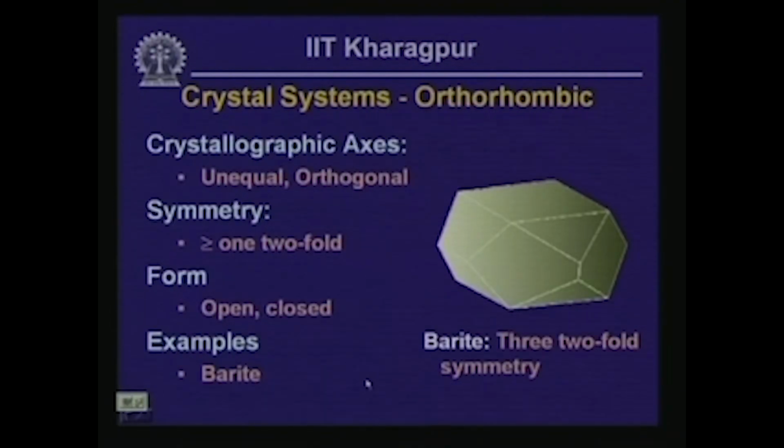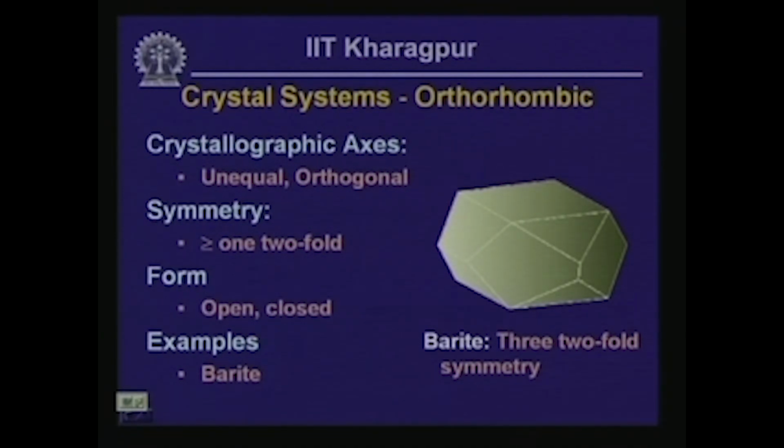Getting back to the crystal systems, the next one in the order of added complexity is orthorhombic. The first one that we discussed was isometric. We had 3 crystallographic axes, all at 90 degrees to each other and all equal.